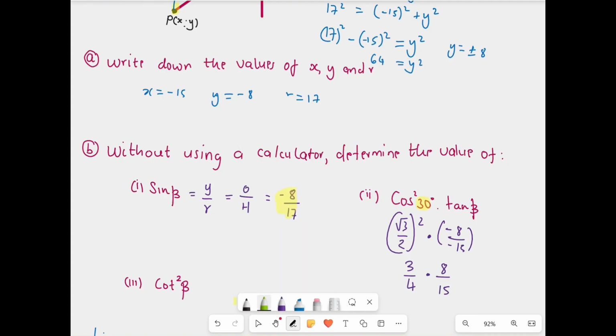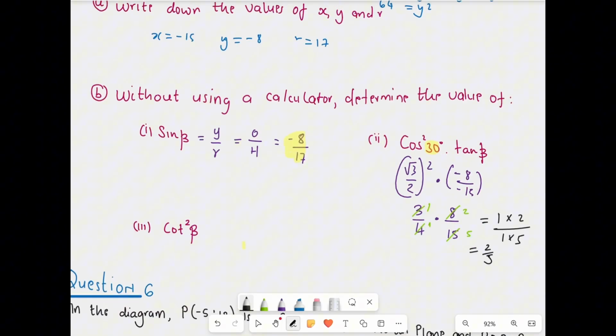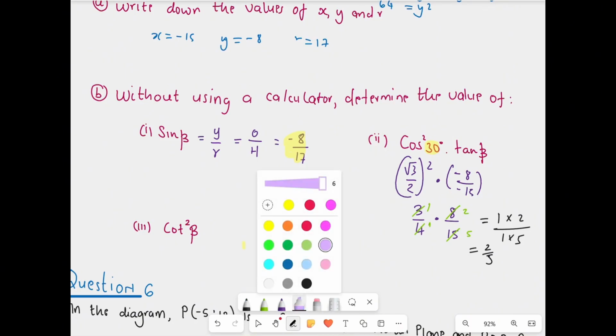Now we can see here that 4 can divide into 8 two times, but 4 can divide into 4 only once. And then 3 can divide into 3 once, but 3 can divide into 15 five times. So here you have 1 times 2 over 1 times 5. The final answer will be 2 over 5. So that is your final answer, 2 over 5.